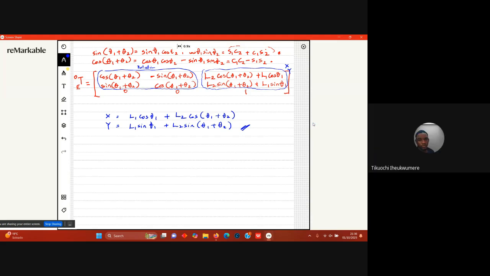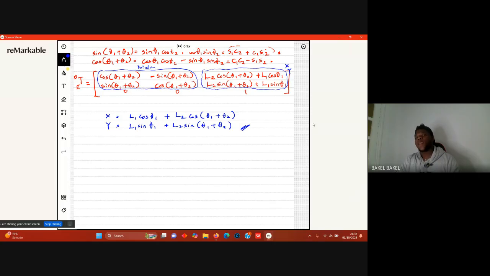Sorry, I'm trying to get this final formula. Does this represent the robot configuration? Because we've said it has rotation, and then we've identified the x and y. Could that be the translation? Yeah, that's it.